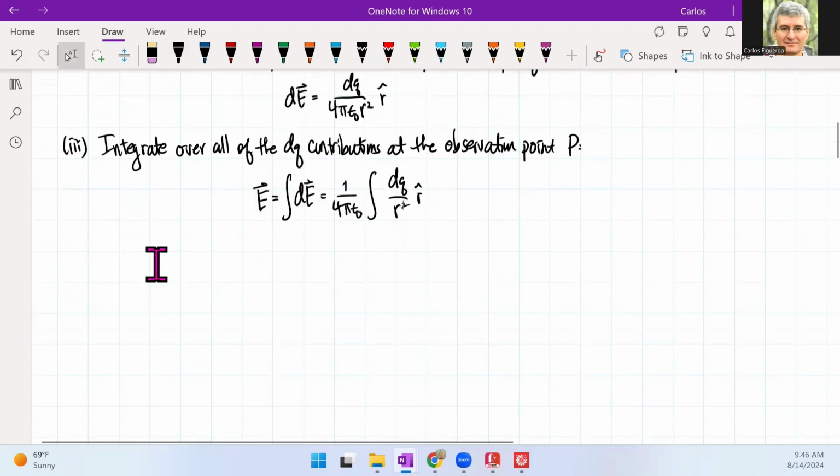So now we essentially have to repeat the thing with the Biot Savart law. But I need to be really clear about a couple of things.